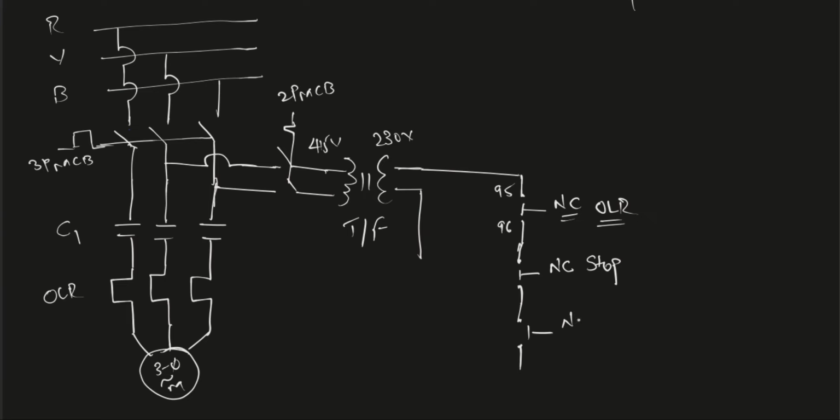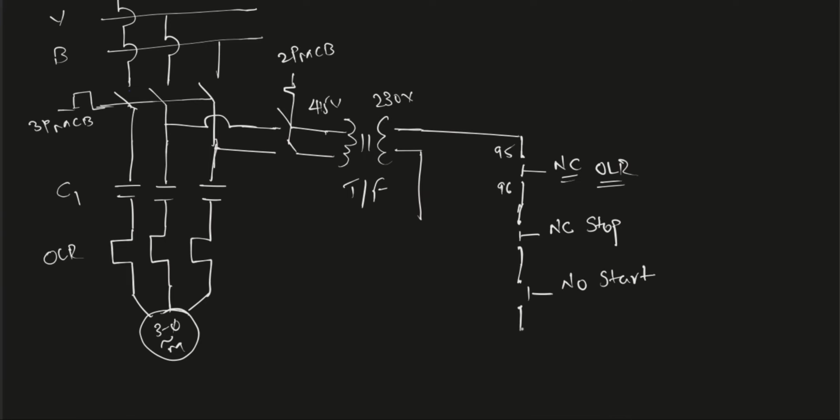This is a normally open start switch. From the start, we are giving supply to the C1 contactor's A1 and A2 terminals, that is, the auxiliary coil terminals A1, A2 of the contactor.